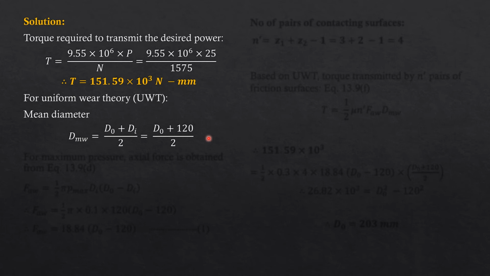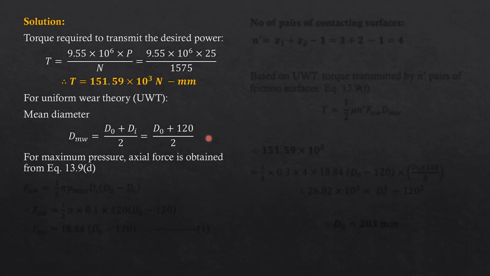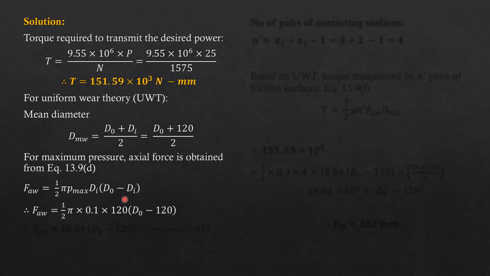Therefore, to maintain that maximum pressure, we can obtain the axial force using the uniform wear theory formula for axial force as 1 by 2 pi p max di into (do minus di). Here again we don't know do, but we know all the other values. Substitute and simplify this and you will get an equation for axial force as 18.84 into (do minus 120). I'll name this as equation 1.